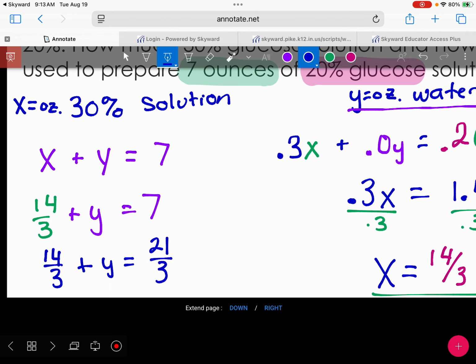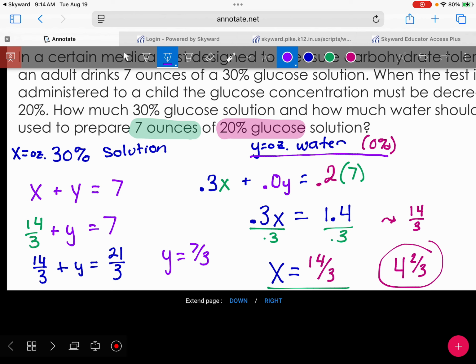Subtract the 14. Our y is 7 thirds, or 2 1/3. So I would need 2 1/3 ounces of water, and I need 4 2/3 ounces of the adult solution, the grown-up solution, in order to make this be a safe dose for a kid.